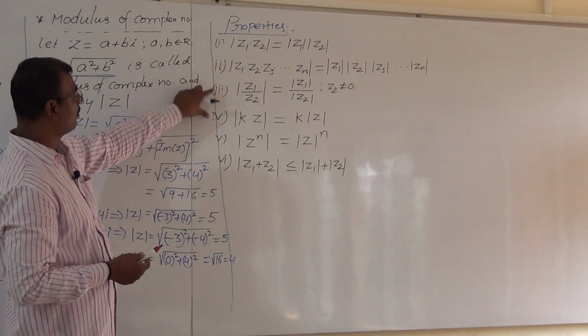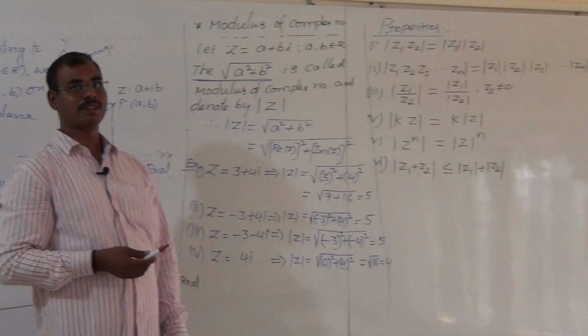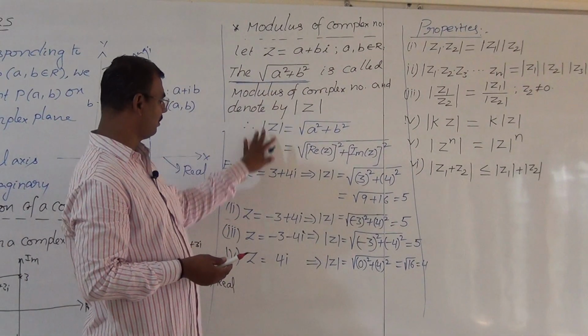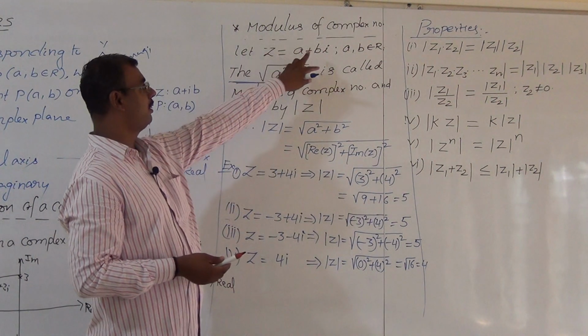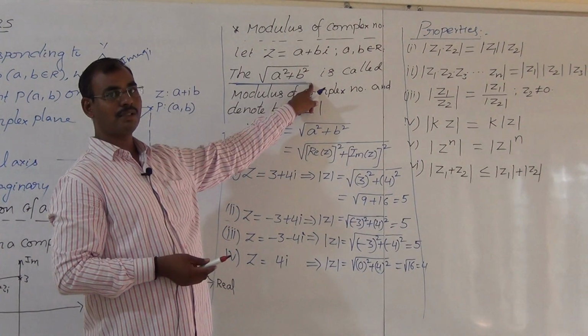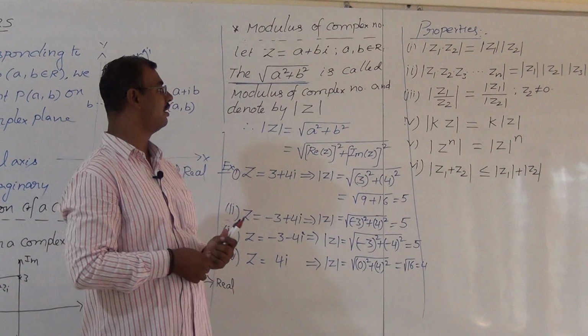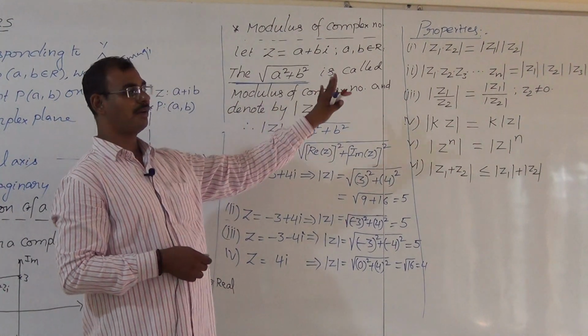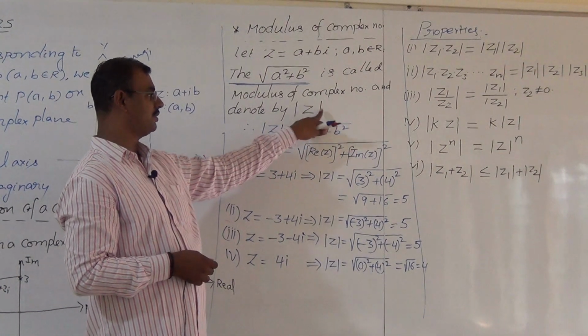Keep in your mind, these are the properties of modulus of a complex number. Very important. So what is the modulus of a complex number? The non-negative real number square root of a square plus b square is called the modulus of a complex number. It is denoted by mod z.